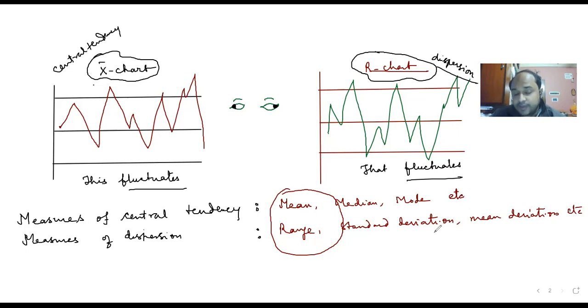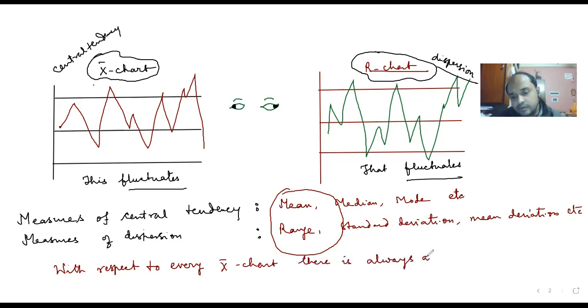With respect to every X bar chart, there is always an associated R chart. So keep this in mind.